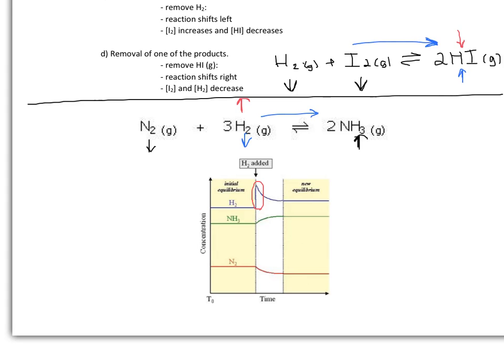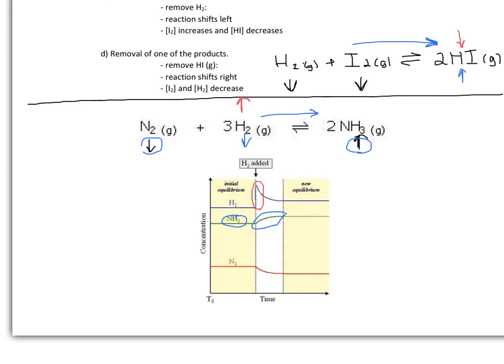This can also be shown in the graph. Notice that we said that the concentration of ammonia will increase. And as you can see, the ammonia slightly increases in the graph. It's not a straight up vertical line like hydrogen because hydrogen was the stress. It was added. The shifting causes a more gradual change.